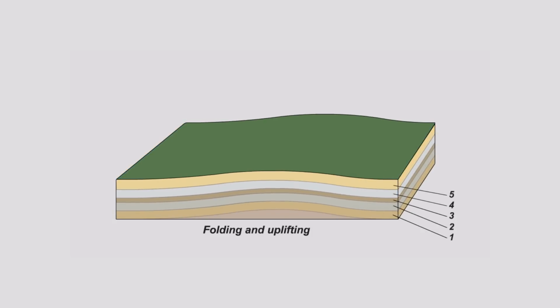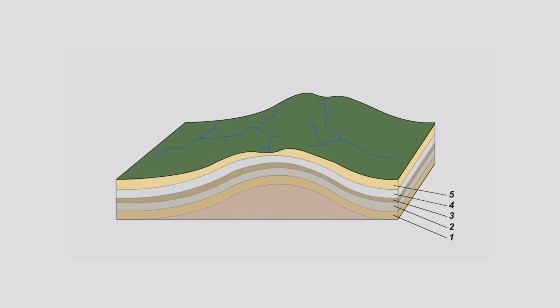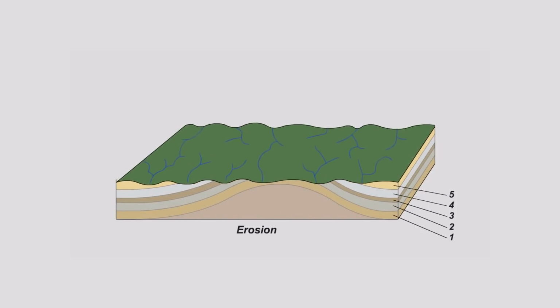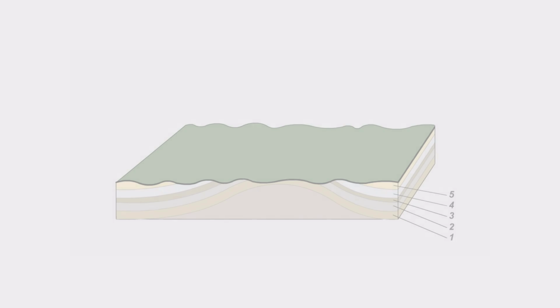In this case, we'll see some folding, and that causes the layers to be what we call uplifted out of the water, where wind and rain and snow and ice can wear them away, and we see weathering and erosion taking place. So again, the layers themselves tend to form underwater. The weathering and erosion happens above the water. Let's keep that in mind.